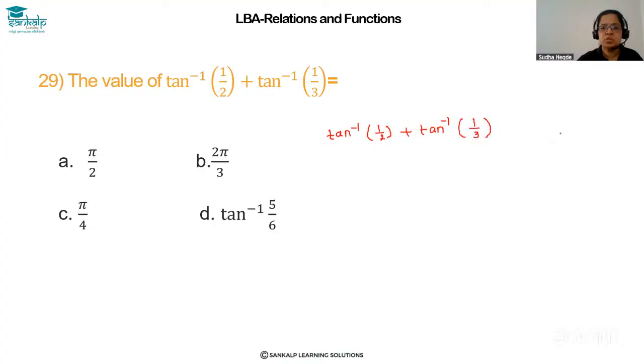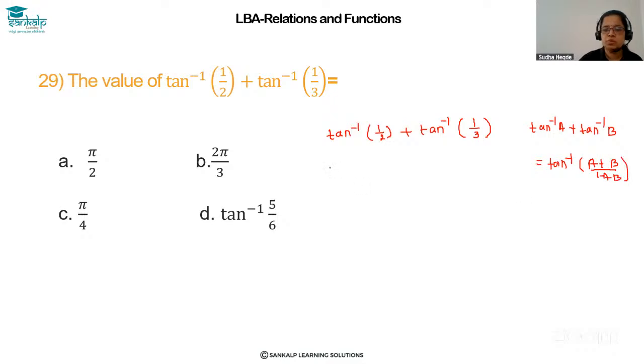Okay, use the tan inverse A plus tan inverse B formula. Tan inverse A plus tan inverse B is equal to tan inverse of (A plus B) divided by (1 minus AB).